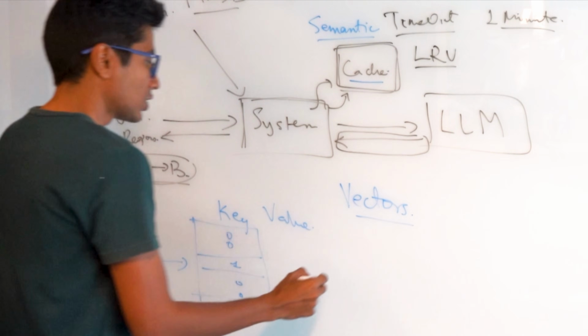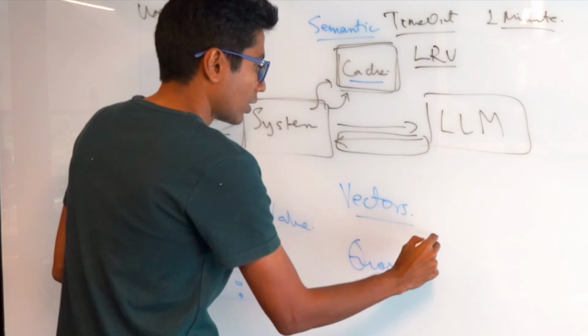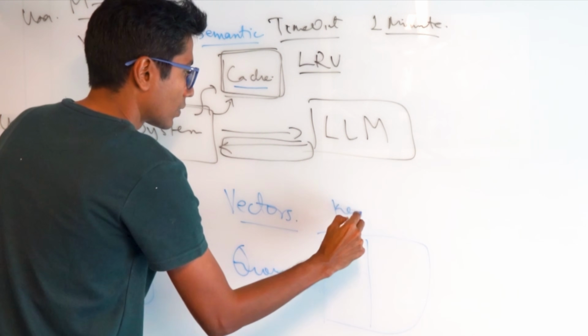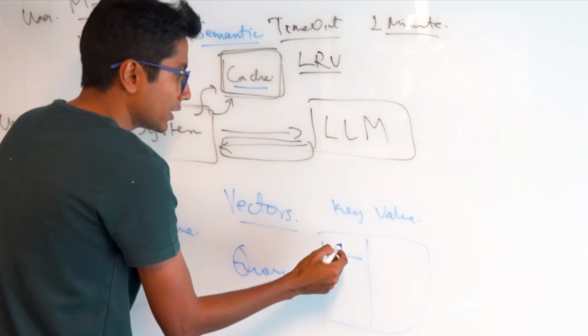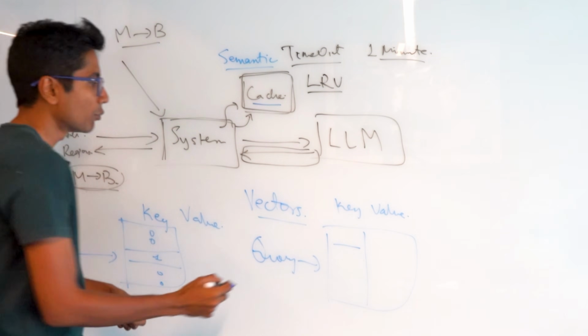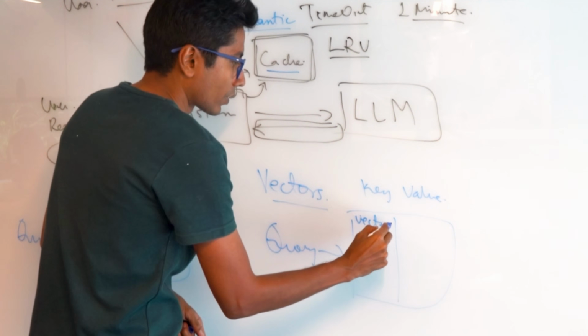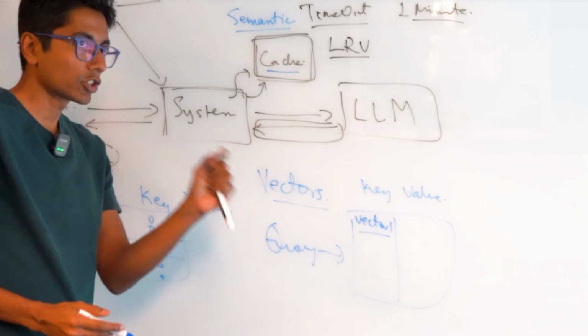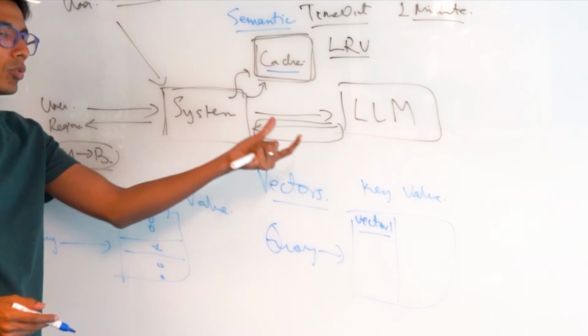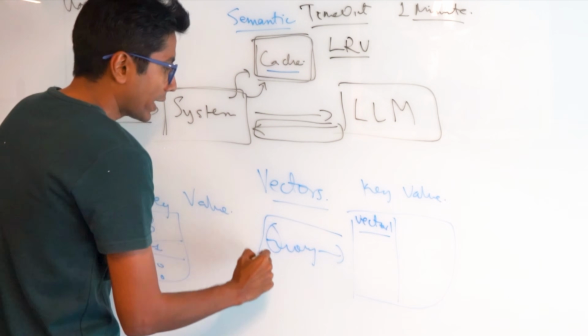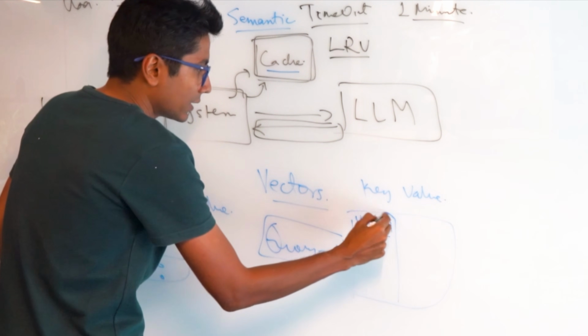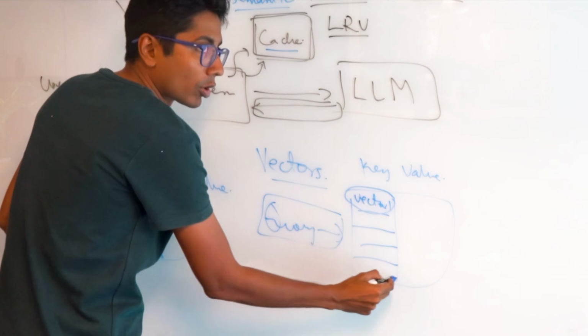But with a semantic cache, you get a user query, you have the keys and values. The key here is not the ID of the query, but the vector value. This is like a mathematical representation of what Bengaluru to Mysore looks like. And then the query tries to find the nearest vector amongst all these vectors.